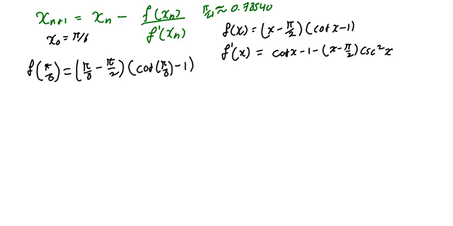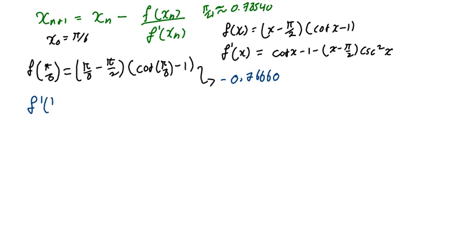This is going to give a value that, using about 5 decimal places as I said earlier, is minus 0.76660.